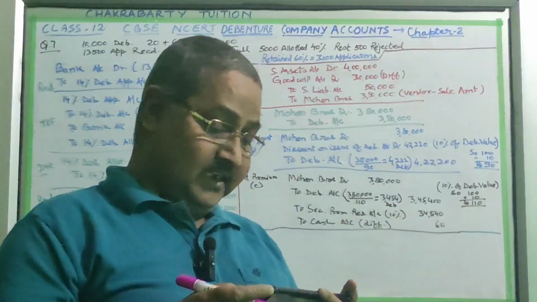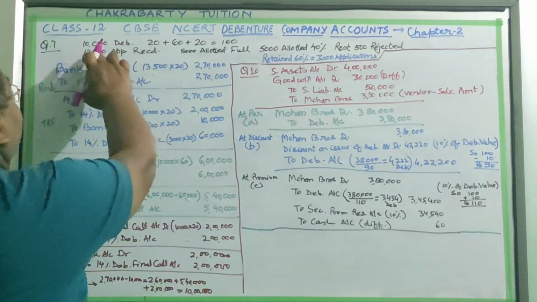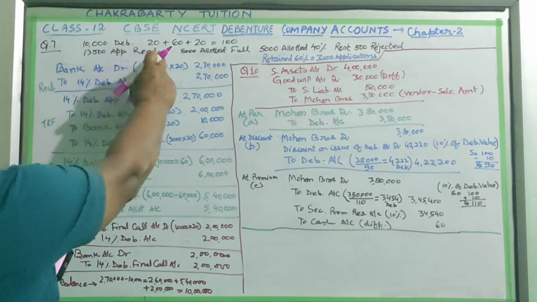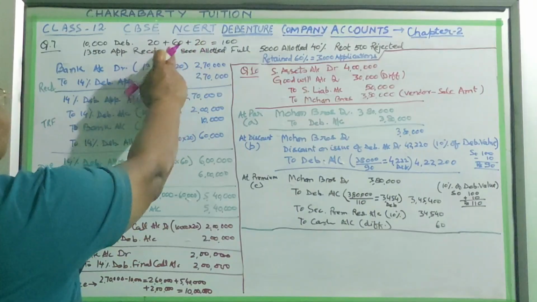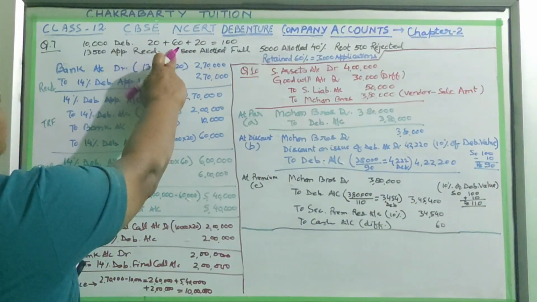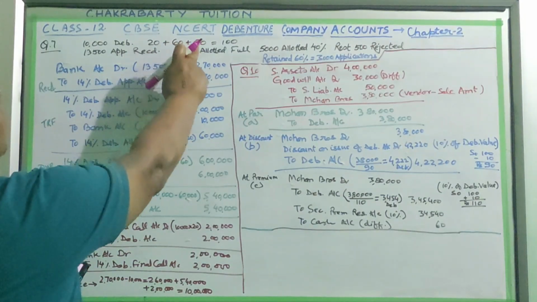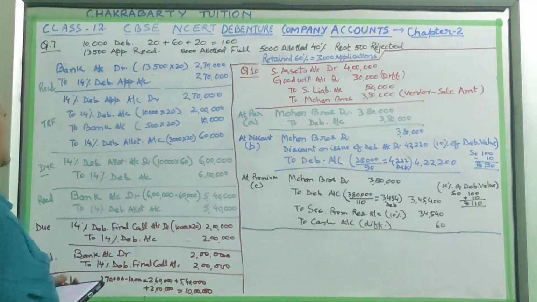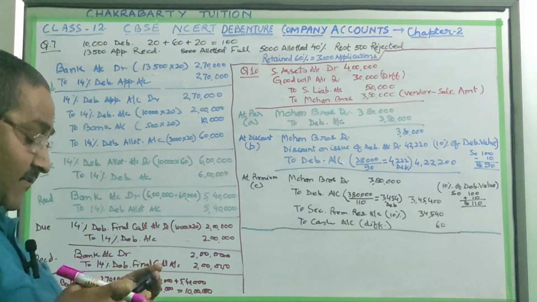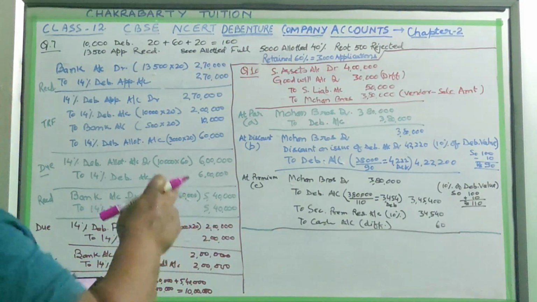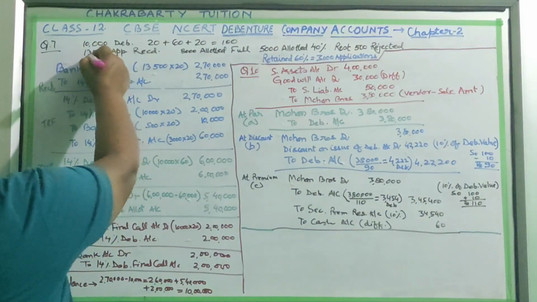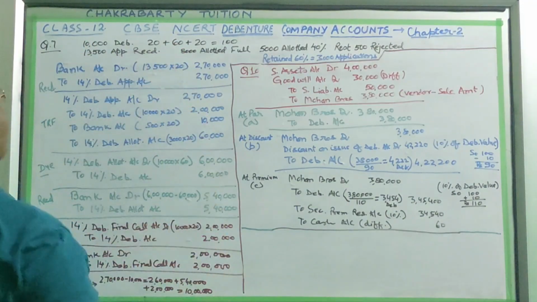X Limited invited applications for 10,000 debentures at the rate of 20 plus 60 plus 20: 20 rupees on application, 60 rupees on allotment and 20 rupees on final call, face value 100. They received applications for 13,500 debentures.